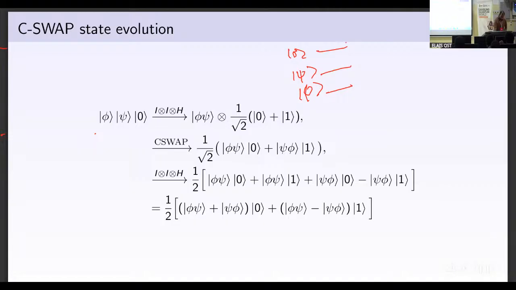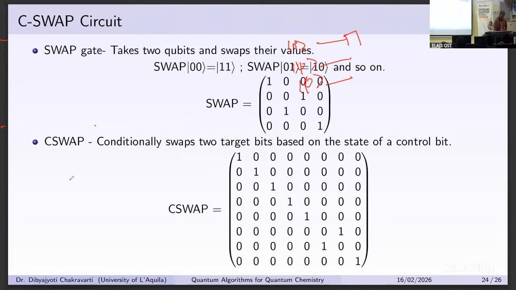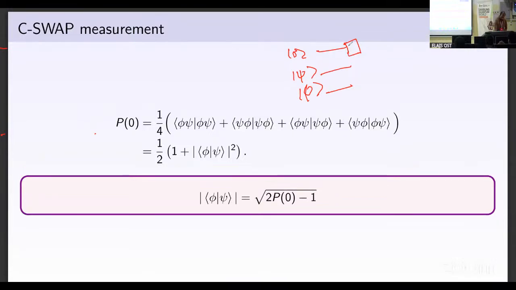No, sorry, I think it was the reverse. The Hadamard was on the 0, right? So we had the Hadamard, the controlled swap, another Hadamard here, and then we measure.